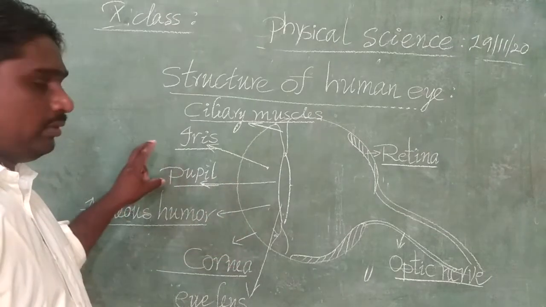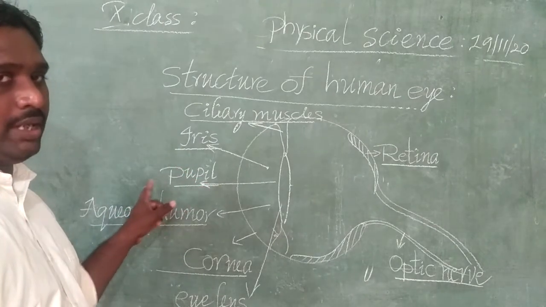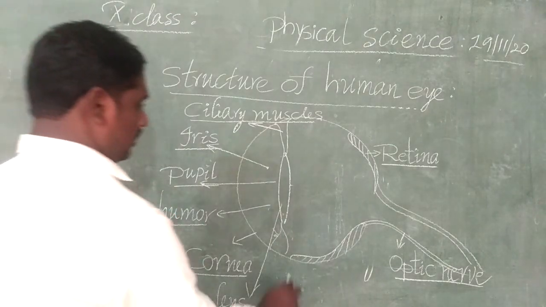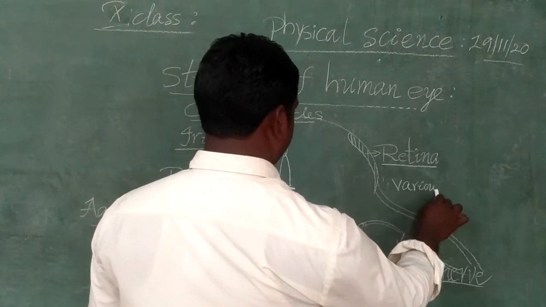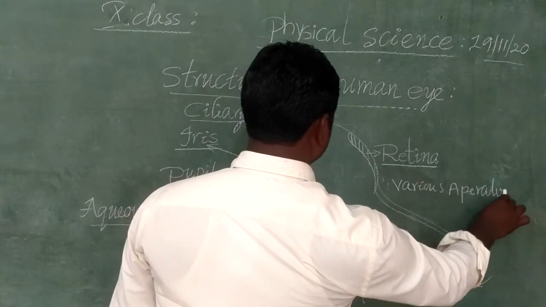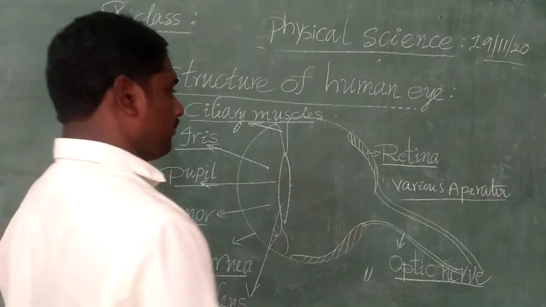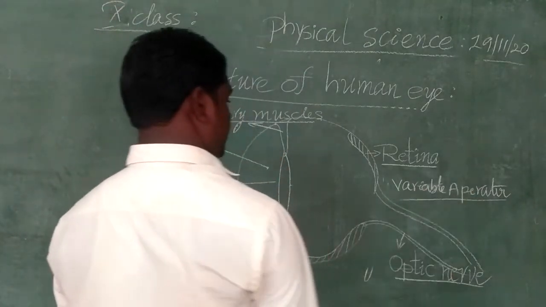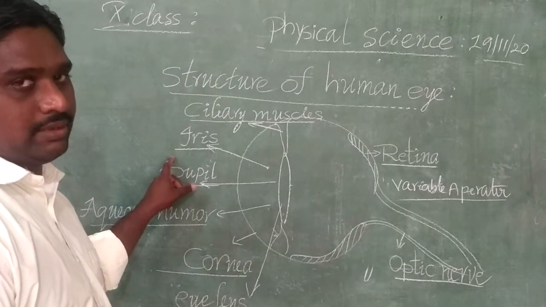Good. Due to this, the iris acts as a variable aperture. Which component is called the variable aperture? The iris.